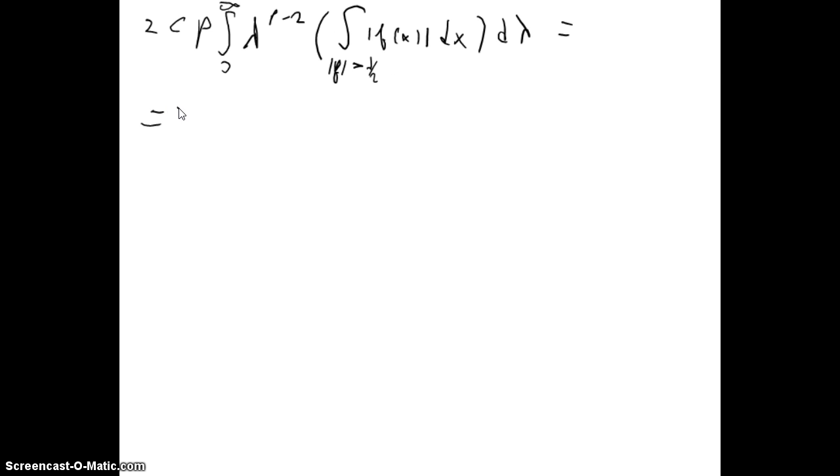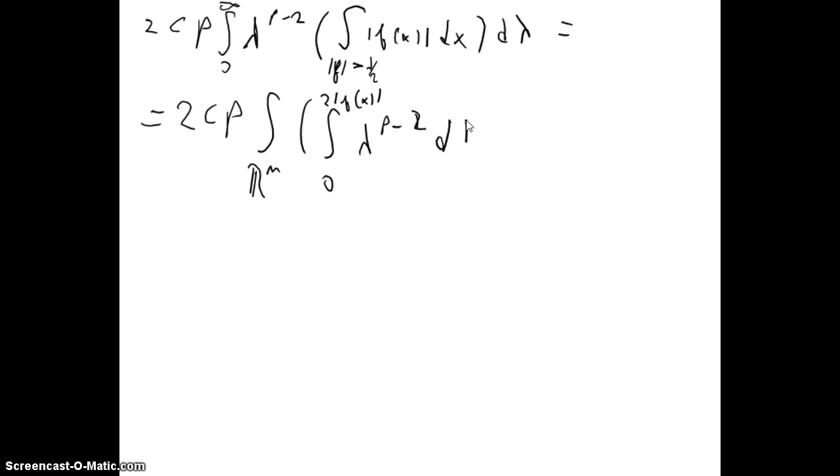So this will be equal to 2cp, and now we will turn this into an integral over Rn, considering the integral from 0 to 2 times the absolute value of f of x of lambda to the p minus 2 d lambda, times the absolute value of f of x dx.